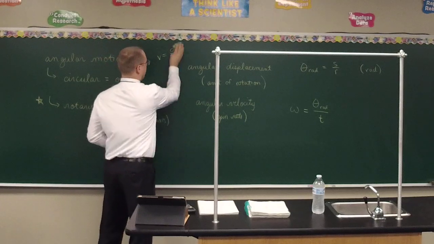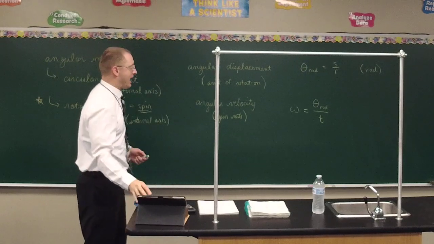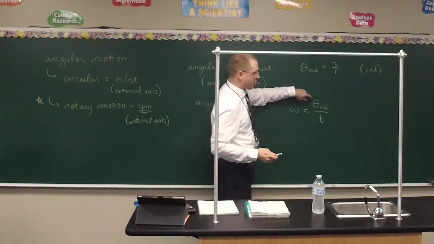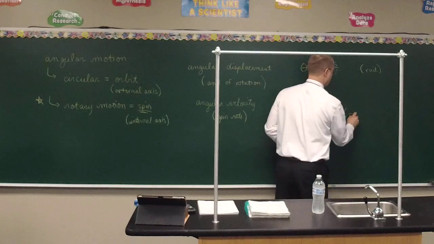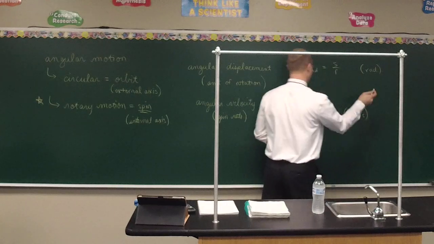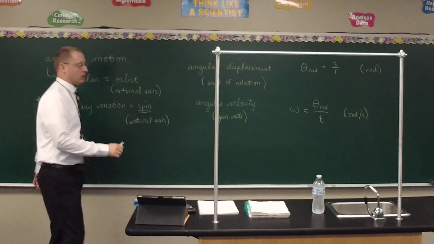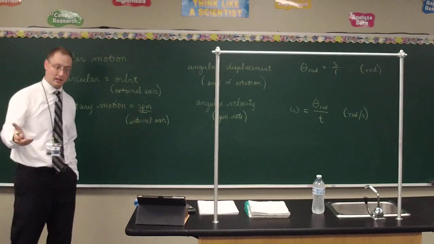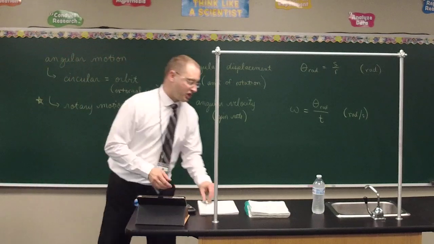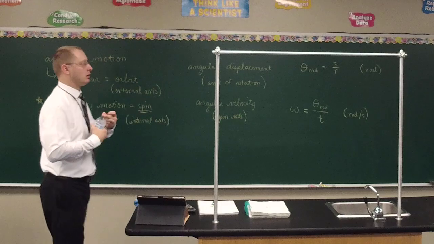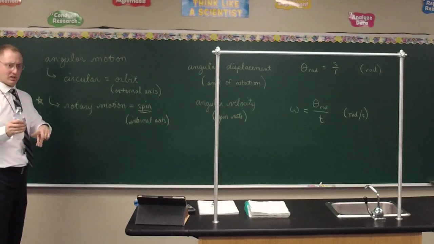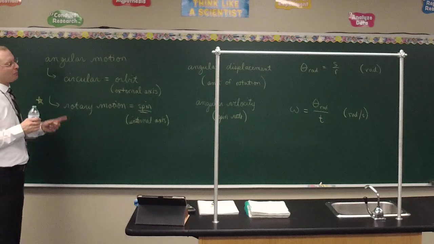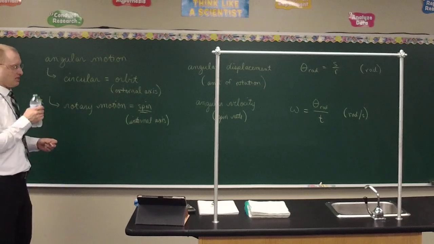But the Greek letter omega equals theta rad over t. Remembering that theta rad is essentially in radians, it makes sense then that omega, or angular velocity, would be radians per second. Or just per second. However, we don't typically use hertz. Hertz is technically oscillations per second as well. We don't use hertz for spin rate typically.